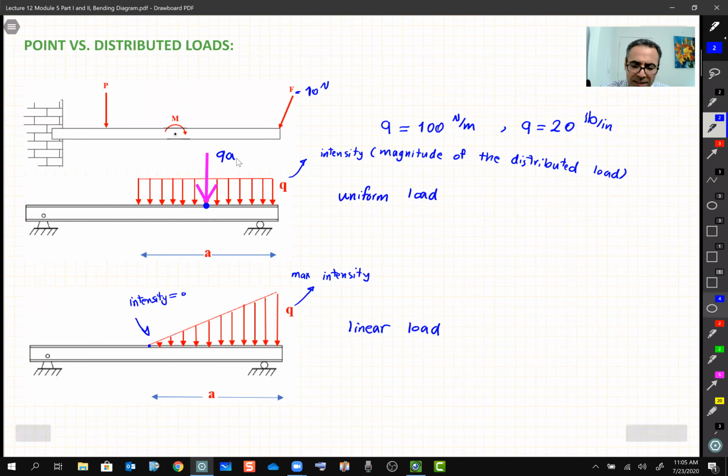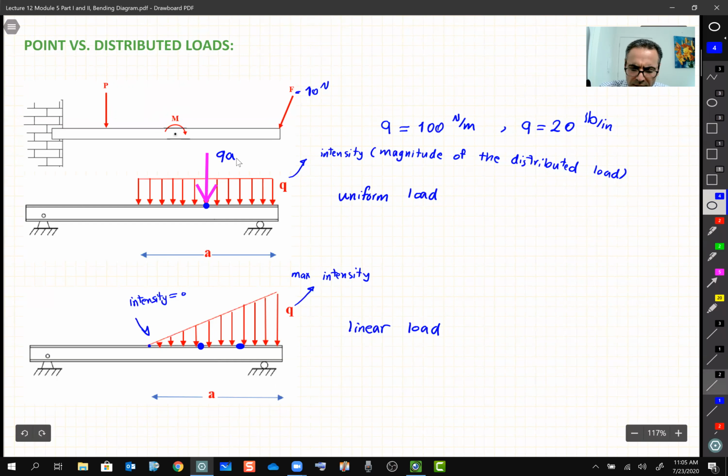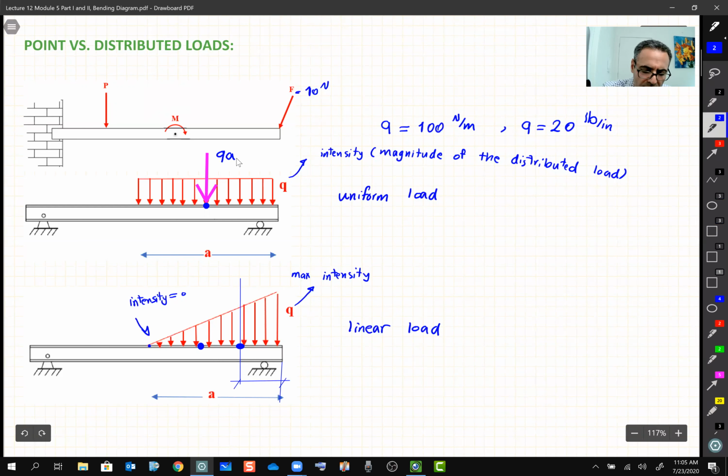What about a triangular shape? First of all, the centroid of a triangular shape, if you recall, we touched on it a little bit before. We said the centroid of this triangle is at a distance A divided by 3, like in the previous lecture.